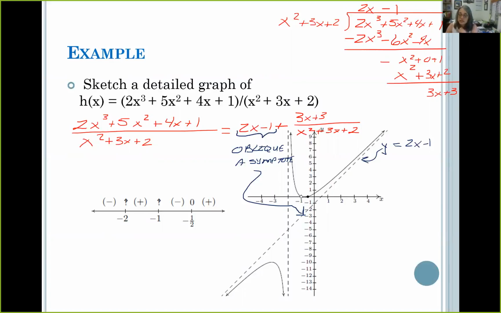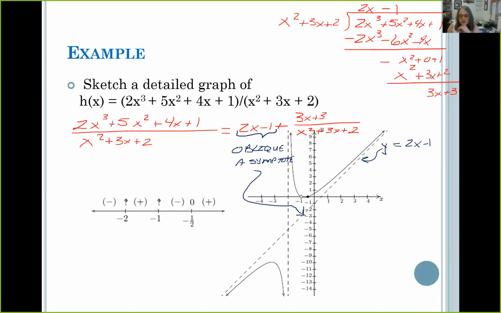So we've got a vertical asymptote at x = 2. Wait, sorry, at x = -2, because if x = -2, the denominator is 0.